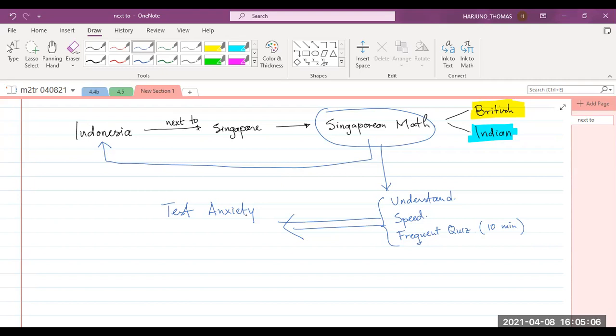But no, I don't want to say that you are sick right away just because you have test anxiety. The fact that you have test anxiety could be, and actually very likely, because you are not being tested enough, not enough experience in taking tests.